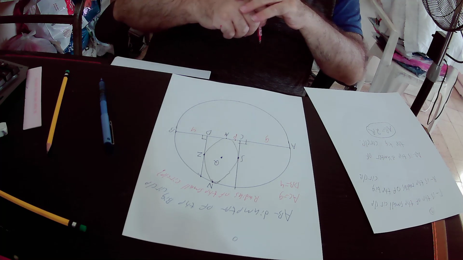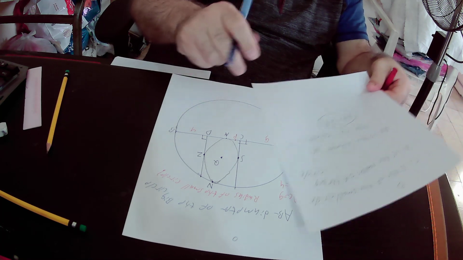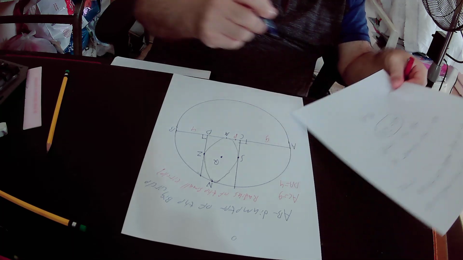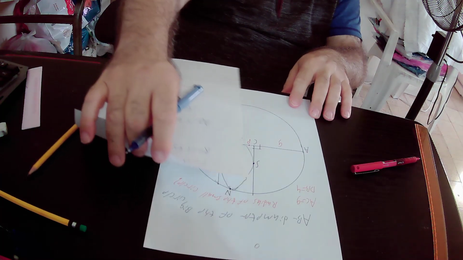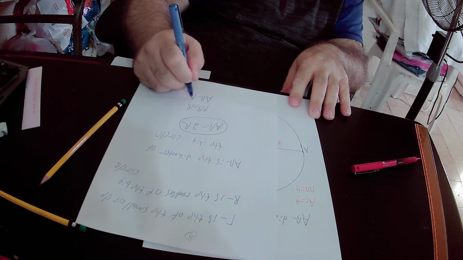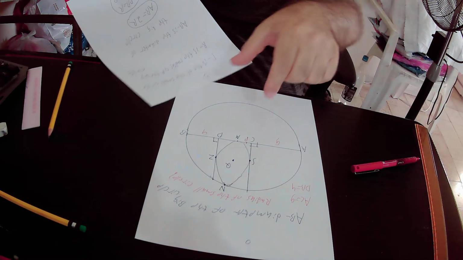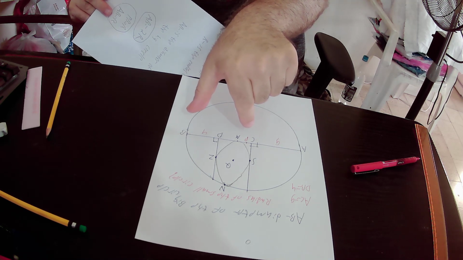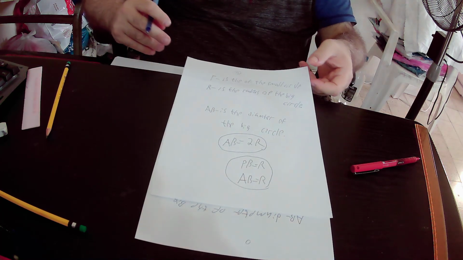That also means that PB equals capital R, the radius of the big circle, and AP also equals capital R, the radius of the big circle.